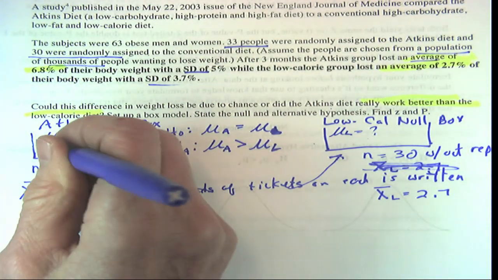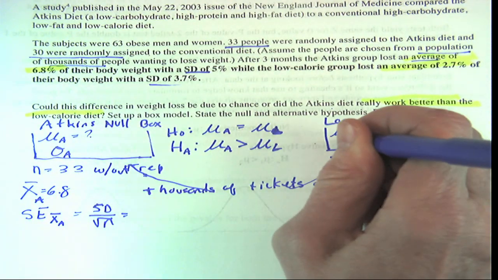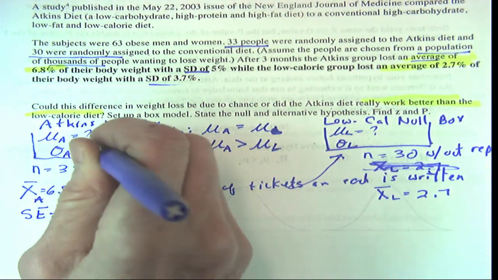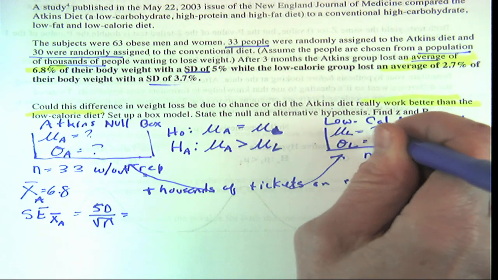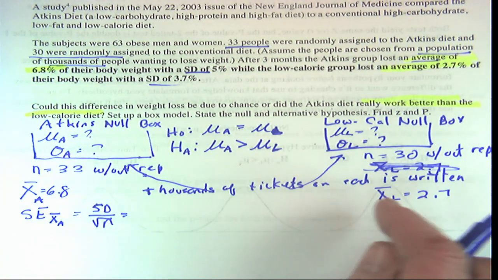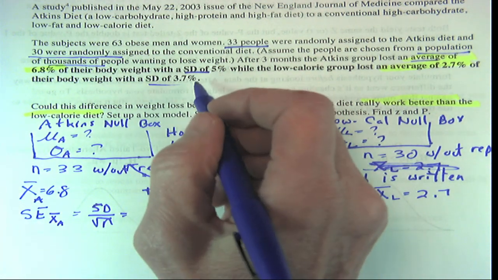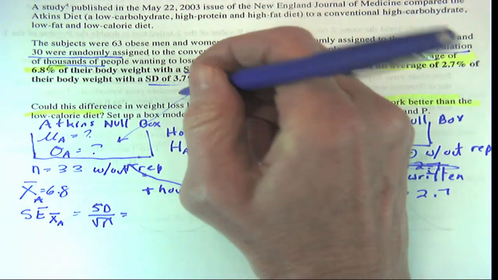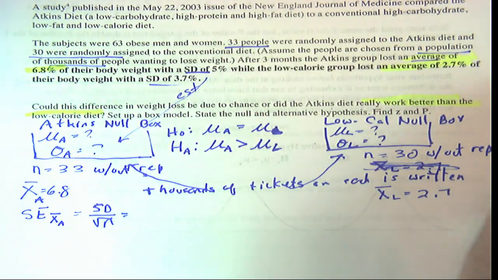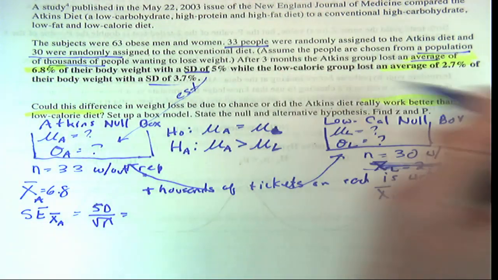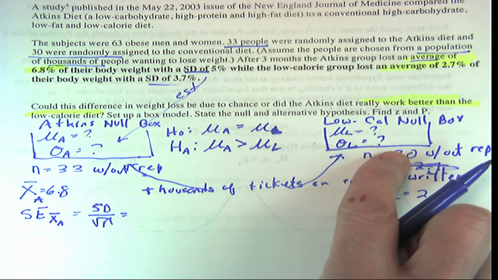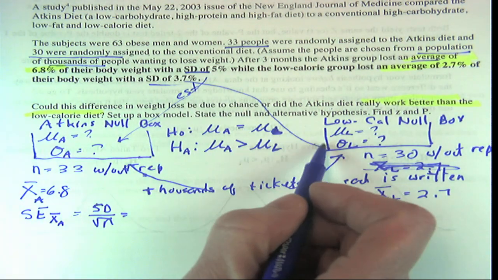We don't know sigma here, and we don't know sigma here. So we're going to be estimating it from our sample. That will be our estimate for this one, and for this one, it's 3.7.